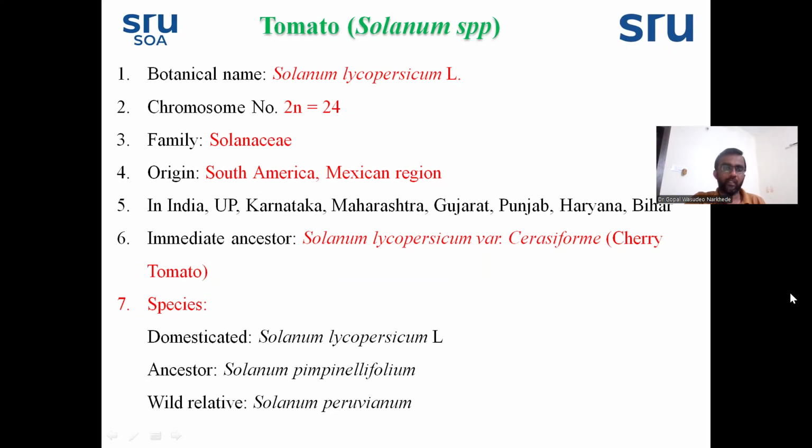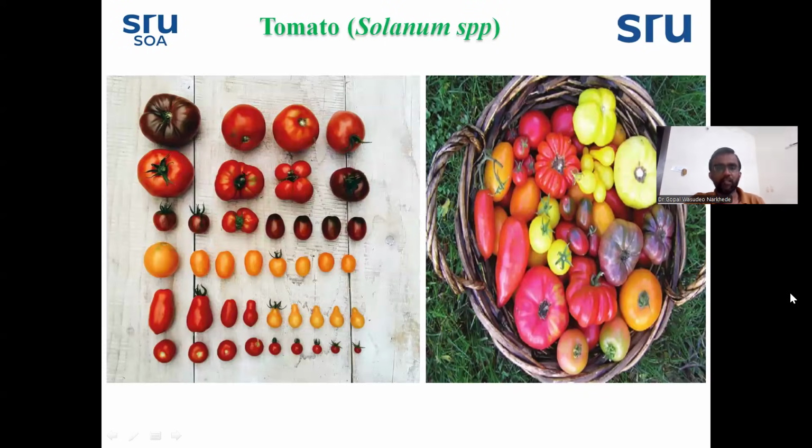The domesticated species is Solanum lycopersicum, the ancestor is Solanum pimpinellifolium, and the closest wild relative is Solanum peruvianum. Like I have shown in chilli, here also you can see the diversity available in the tomato crop.